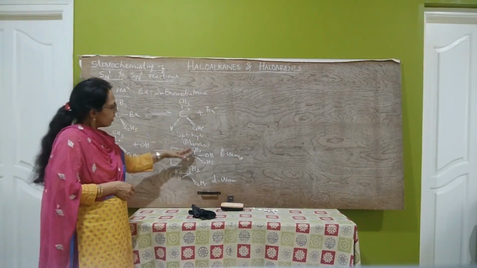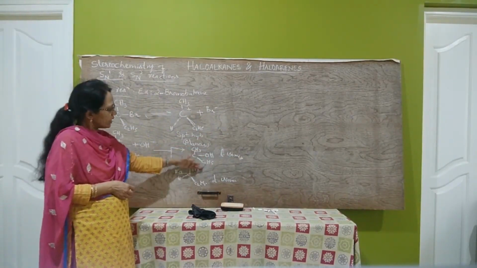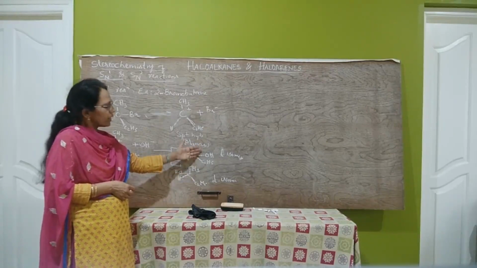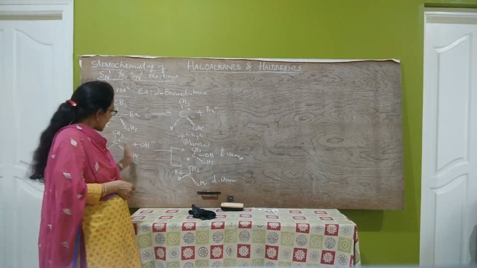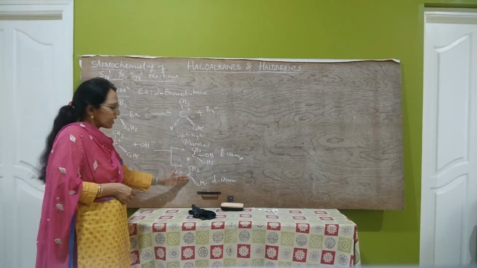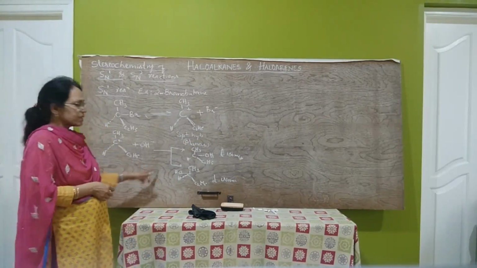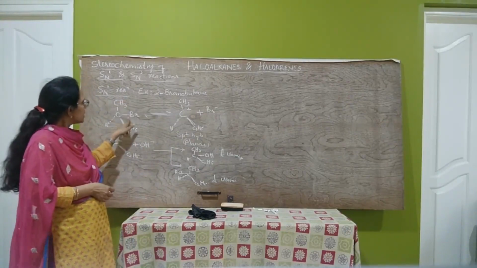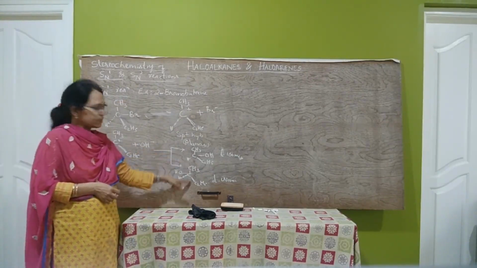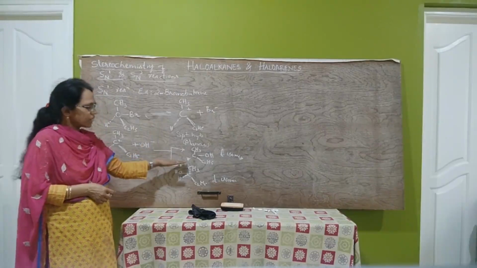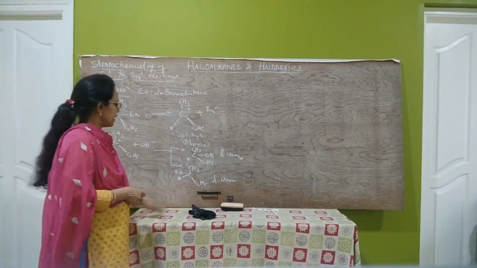That is the equimolar mixture of dextrorotatory and levorotatory isomers of the same compound. Therefore, that is called a racemic mixture. Therefore, this process is racemization. Therefore, SN1 results in racemization. During the SN1 reaction, racemization takes place.